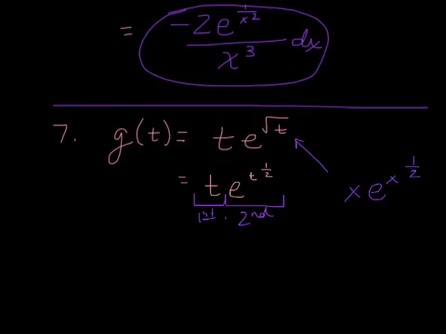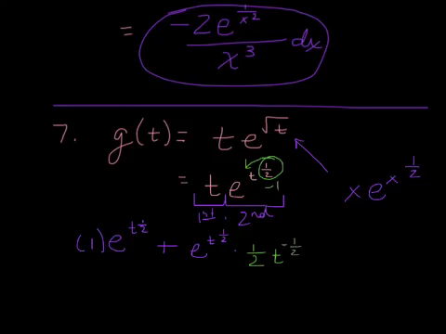All right, derivative of t is just 1 times the second expression plus derivative of the second expression. Derivative of e is itself times the derivative of the exponent. The 1/2 comes forward. I subtract a whole number 1 from my exponent.